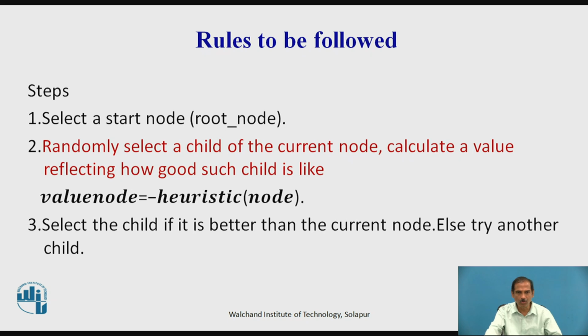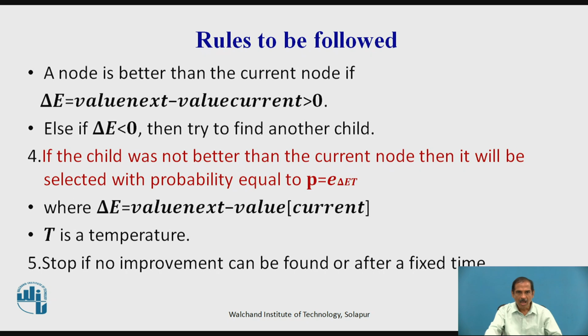We select the child if it is better than the current node, else we try another child. If the difference in the energy values, the value for the next minus the value for the current, is positive, that is greater than 0, we select it; else, if it is negative, we try to find another child.